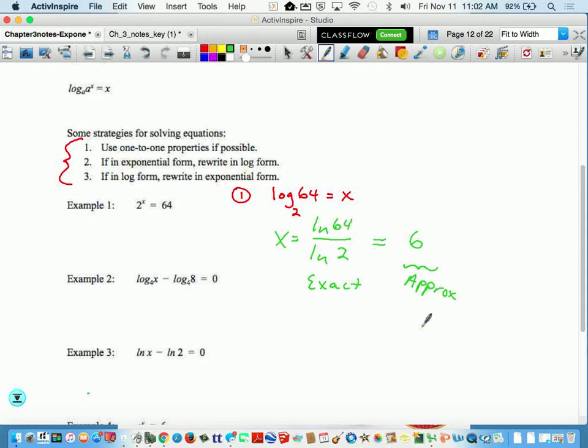The second method that a lot of people will do is apply a logarithm on both sides. If I apply a logarithm on both sides, what can I do with the x? I can bring it down in front. So now I have x times the ln of 2 is equal to the ln of 64. How do you get x by itself?